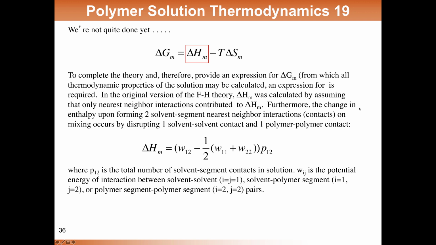He estimated that as essentially the enthalpy change on forming two solvent segment nearest neighbor contacts, which occurs by disrupting one solvent-solvent and one polymer-polymer contact. His expression for the delta H of mixing is equal to P12, which he called the total number of solvent segment contacts in solution.